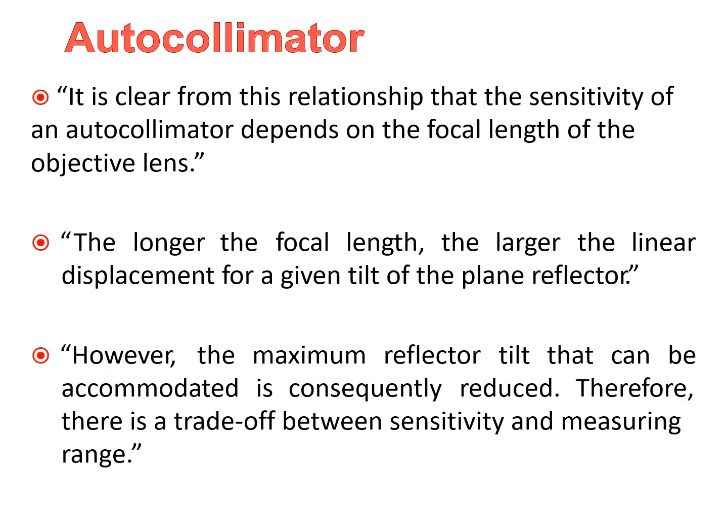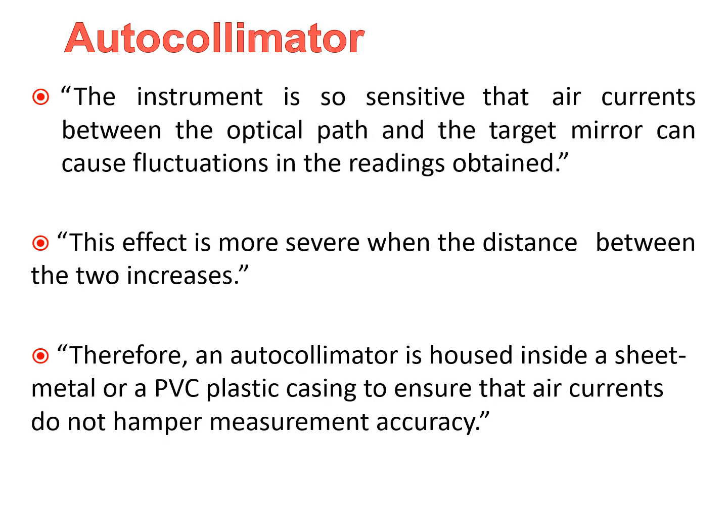F is the distance between the objective lens and the reflector. It is clear from this relationship that the sensitivity of the autocollimator depends on the focal length of the objective lens. The longer the focal length, the larger the linear displacement for a given tilt of the plane reflector. The instrument is so sensitive that air currents between the optical path and the target mirror can cause fluctuations in the readings obtained.